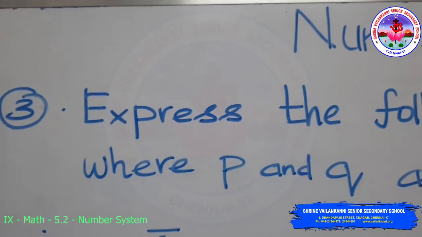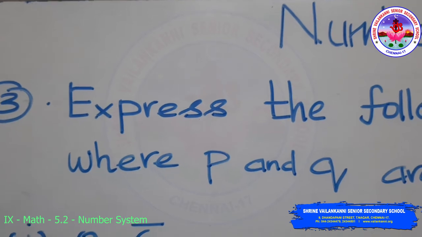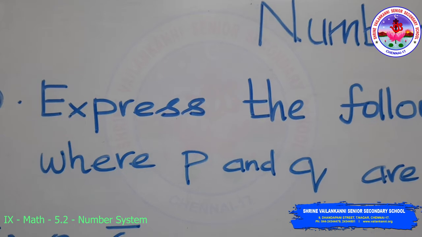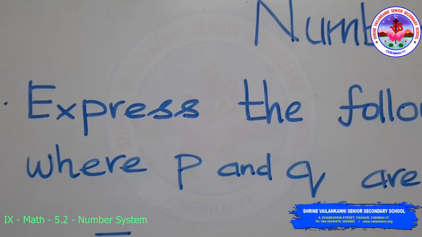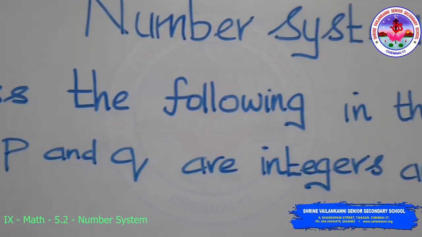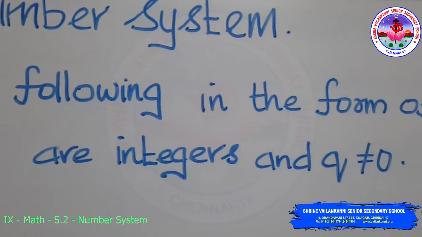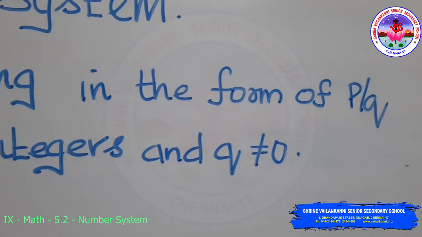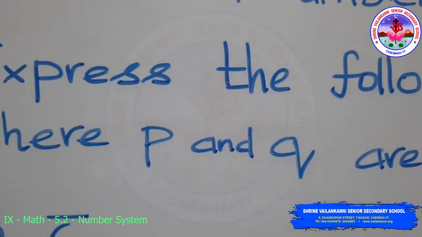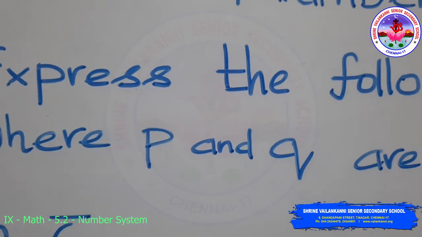Third problem. This is of the form conversion of decimal expansion into a fractional form. The problem: express the following decimal expansion in the form of p by q, where p and q are integers.